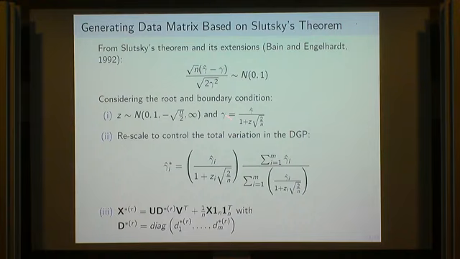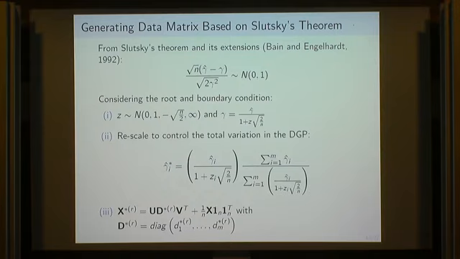Then another problem is we can generate eigenvalues to replace the matrix D by some function of eigenvalues. But the matter is the total variation. If the root differs from the original one, then we can estimate this, and if we get this, then we can get the root.